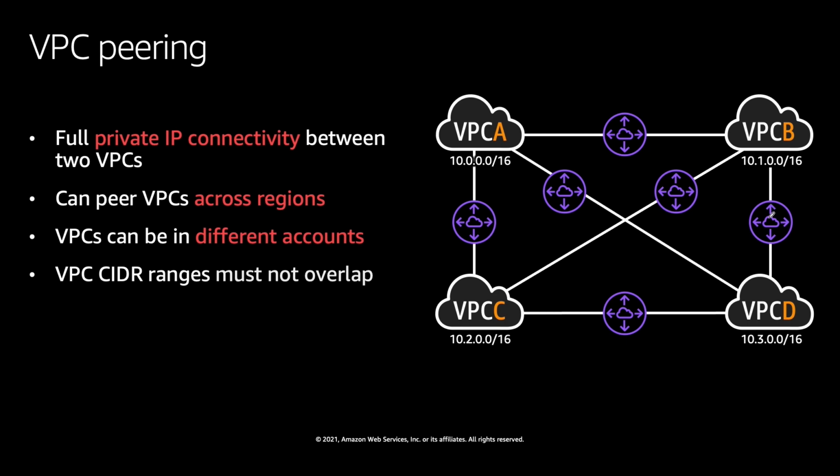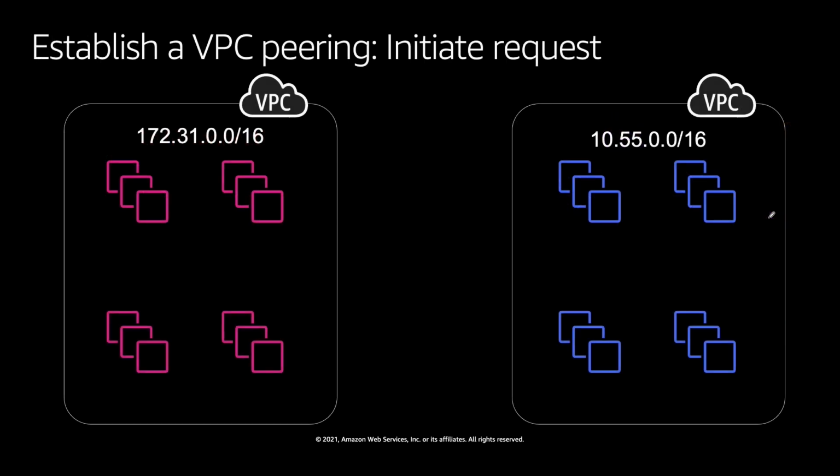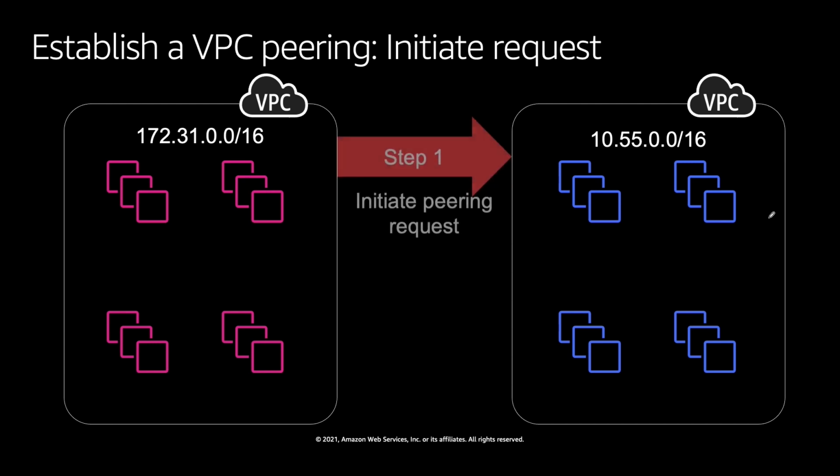But before we look into the other options that you may like to choose if you have a lot of VPCs in your environment, let's see how VPC peering can be set up. It's very straightforward, just like how TCP handshaking happens. You have two VPCs, one on the left-hand side, one on the right-hand side.